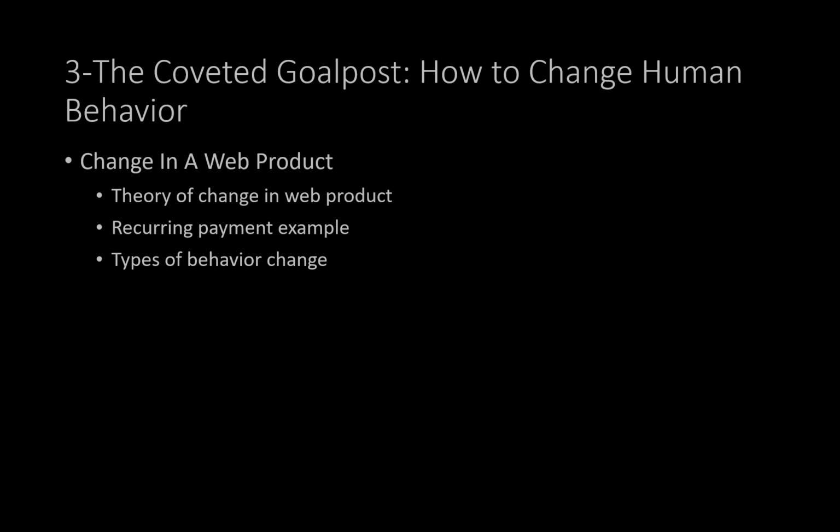And the second theory is Taylor's theory, that human behavior can be modified by nudging in a web product system. Human beings are susceptible to small nudging, which allows them to change the behavior at the margin.